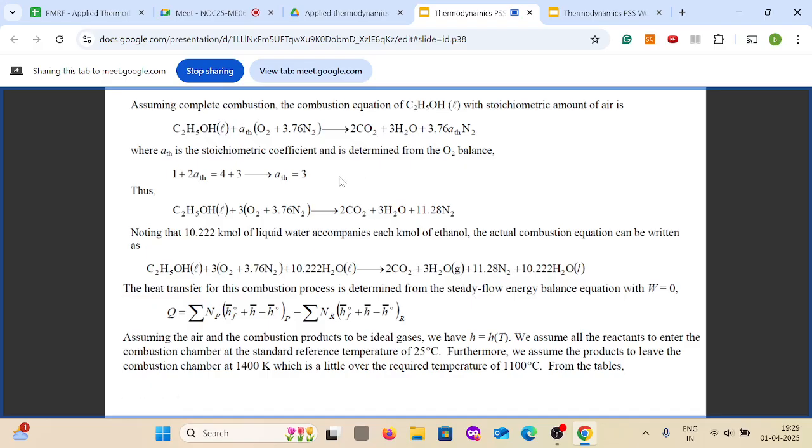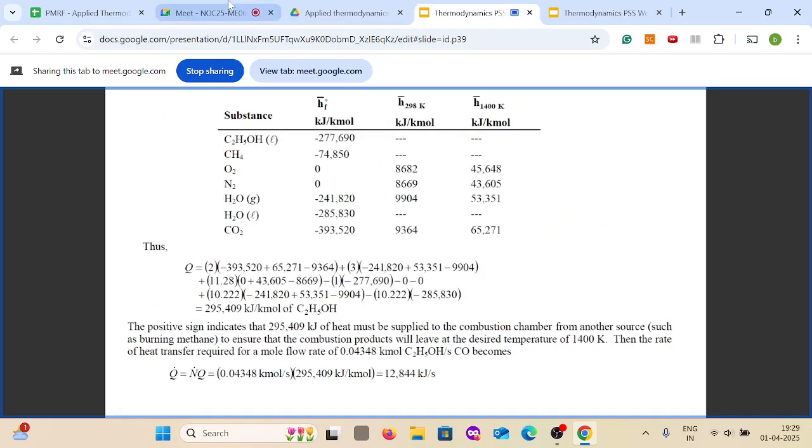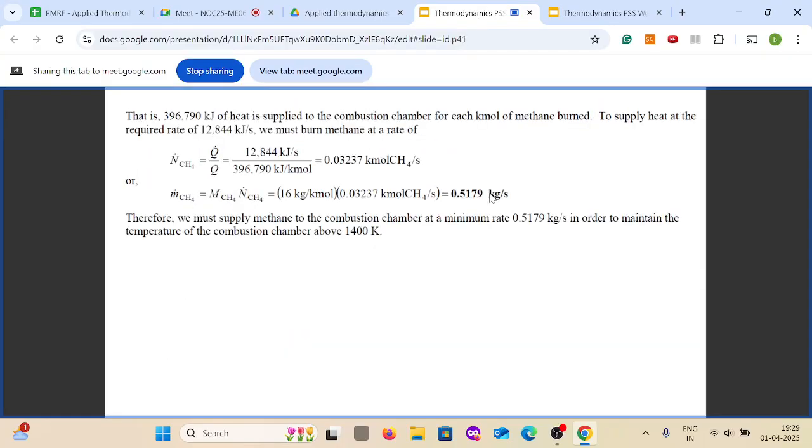So you combust methane to keep the product at 1400 Kelvin. By ensuring that we supply this amount of methane, we can maintain the product at 1400 Kelvin.